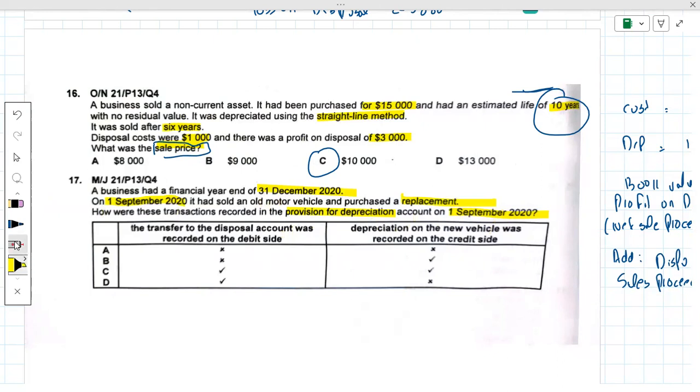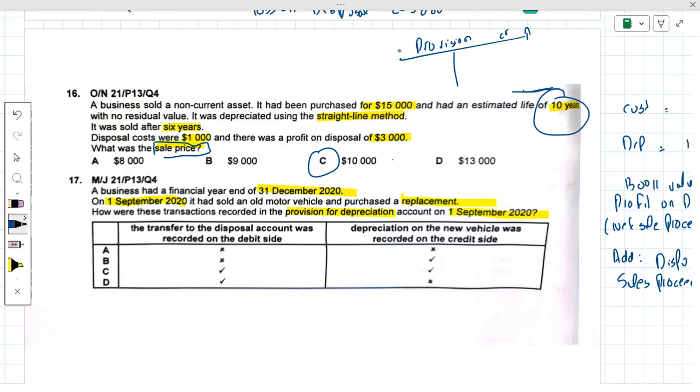Okay. So the first option is that the transfer of the disposal account was recorded on the debit side. So yes, we have to transfer the disposal account on the debit side because we know that in the provision account, whenever your provision is increasing, we will record it on the credit side.